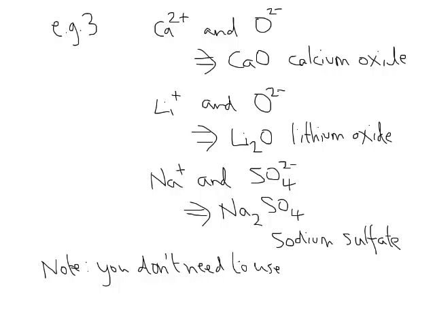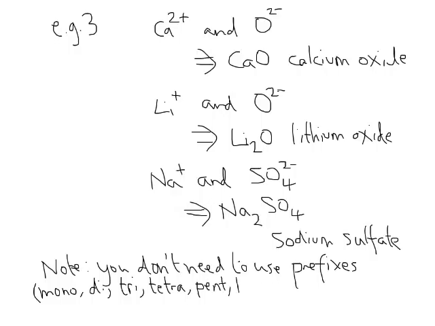To use prefixes, and we'll just write down what the prefixes are. Mono is 1, di is 2, tri is 3, tetra is 4, pent is 5, hept is 7, oct is 8.